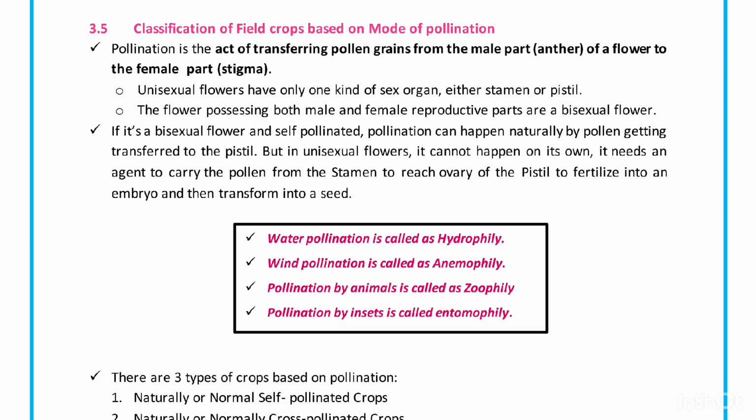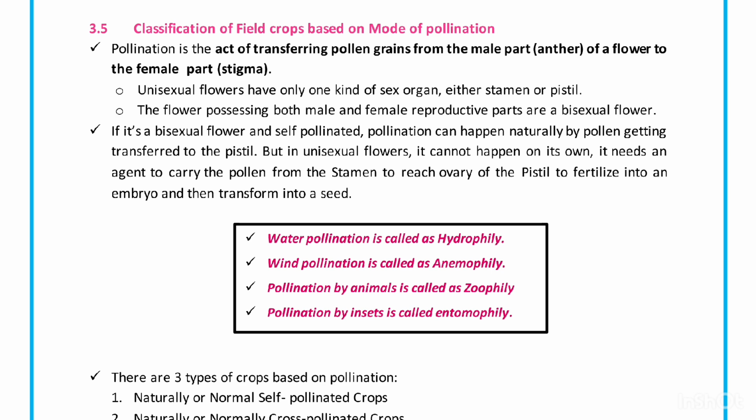From here you can understand this is the anther, and in the anther there are pollens, and the pollens are falling onto the female part.